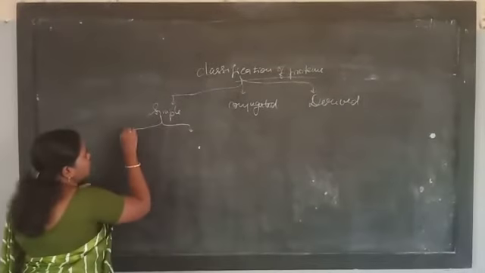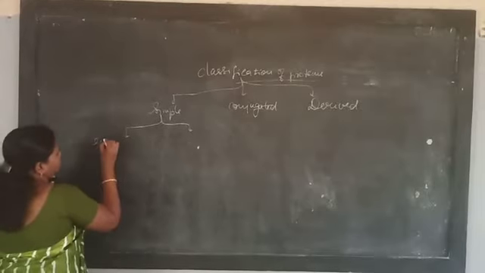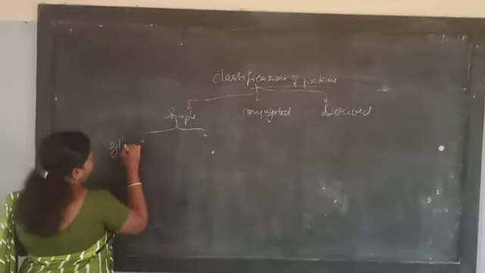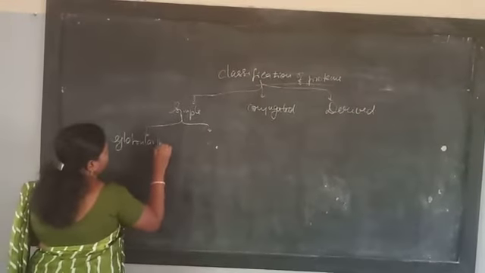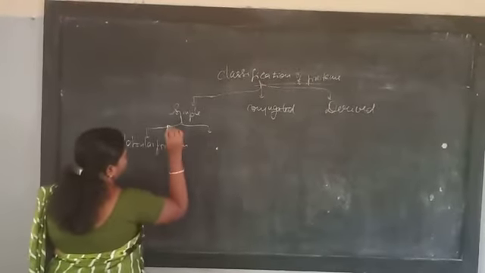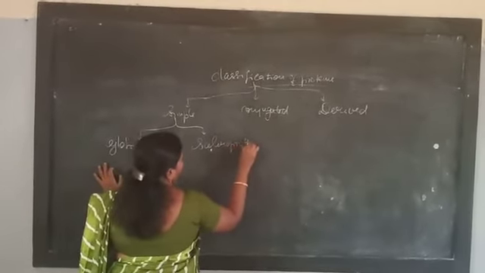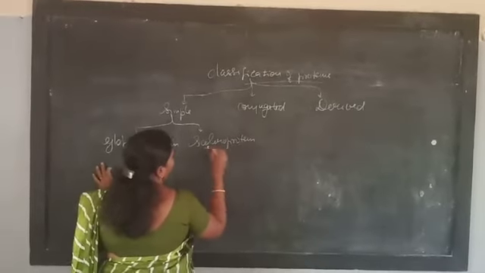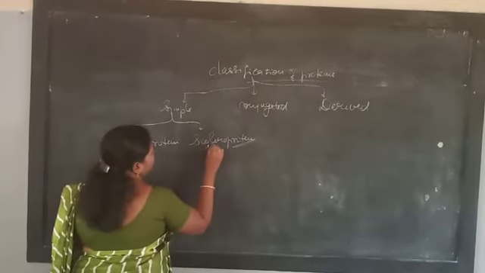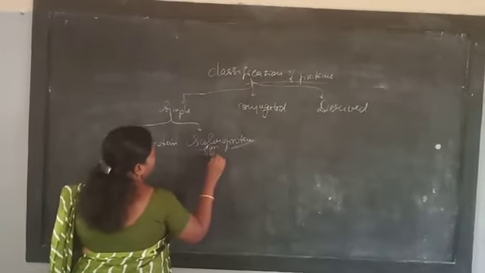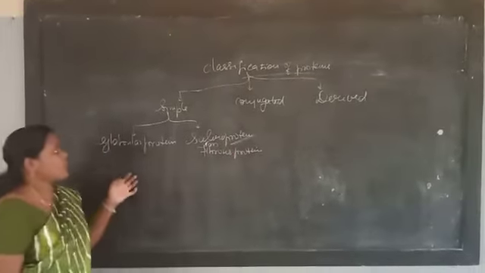Simple protein is again classified into two: globular protein and scleroprotein, or fibrous protein.